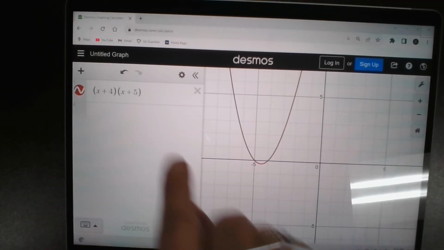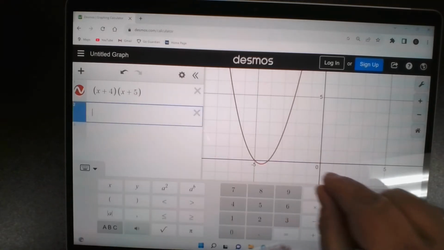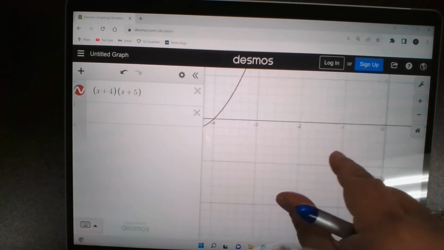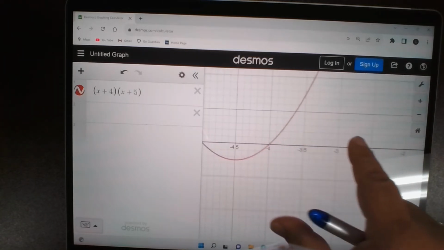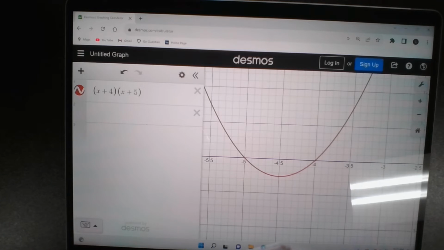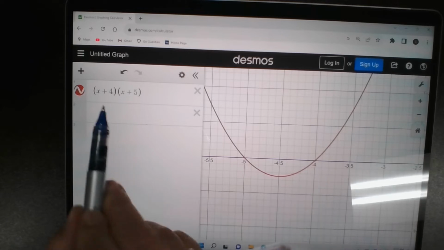We can just graph the factors. And when we do, what we wind up with is a parabola that crosses the x-axis at 2 places, at -5 and -4. So let's talk about how that's related to these factors.